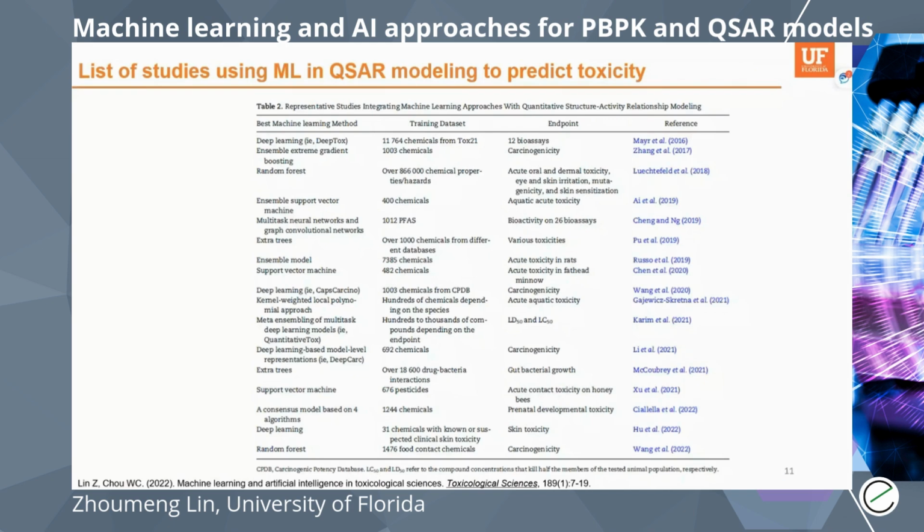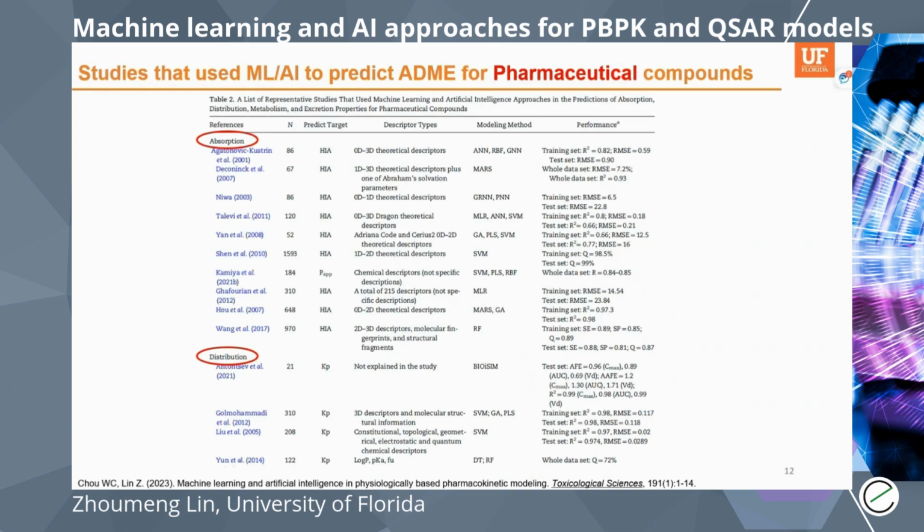We also found many studies have been published to predict different types of toxicity endpoints, including in vitro toxicity and in vivo toxicity on different organ systems. This table just lists several representative publications, and this table is for pharmaceutical compounds.